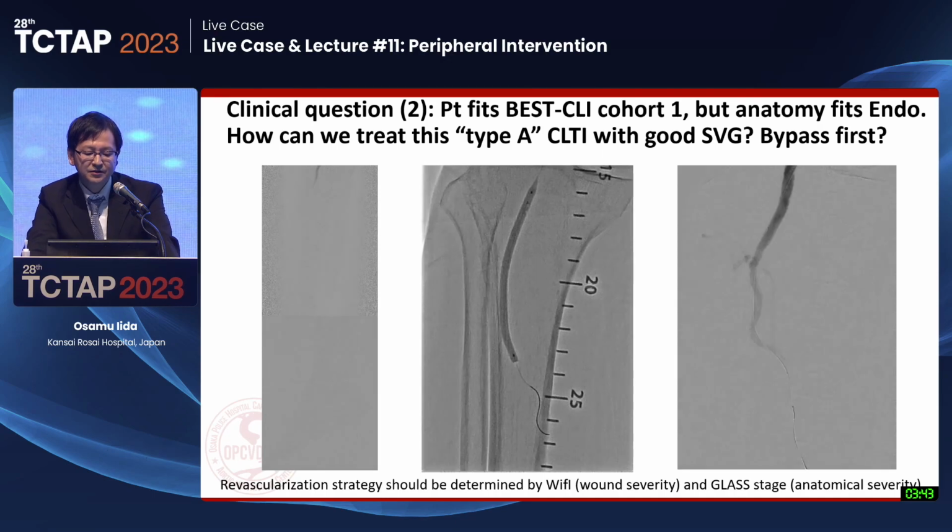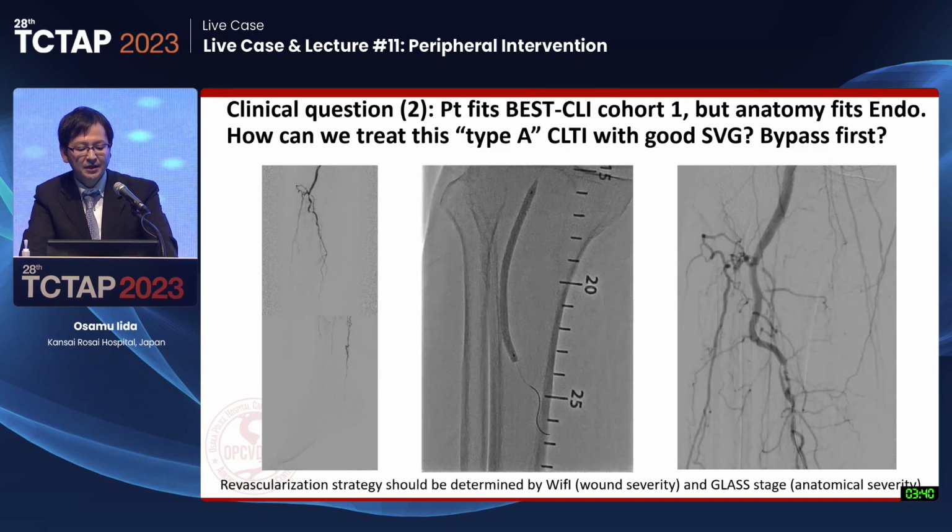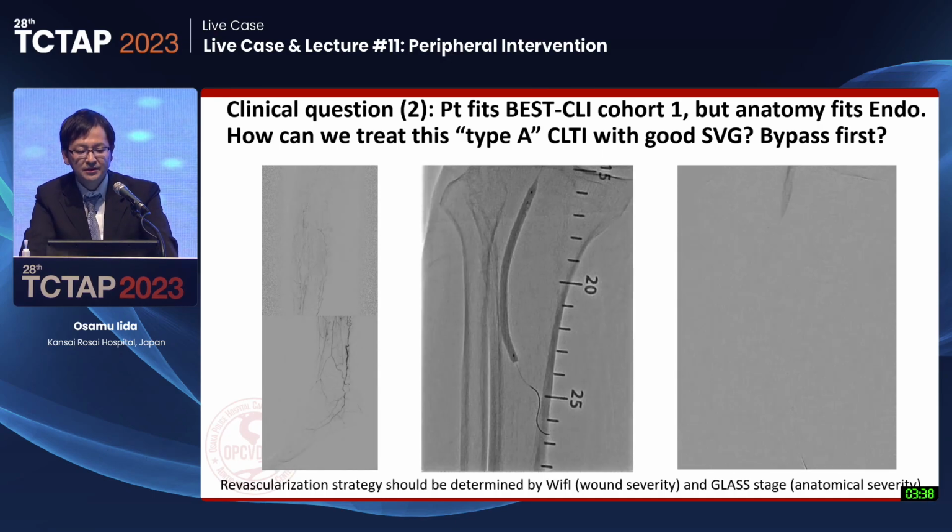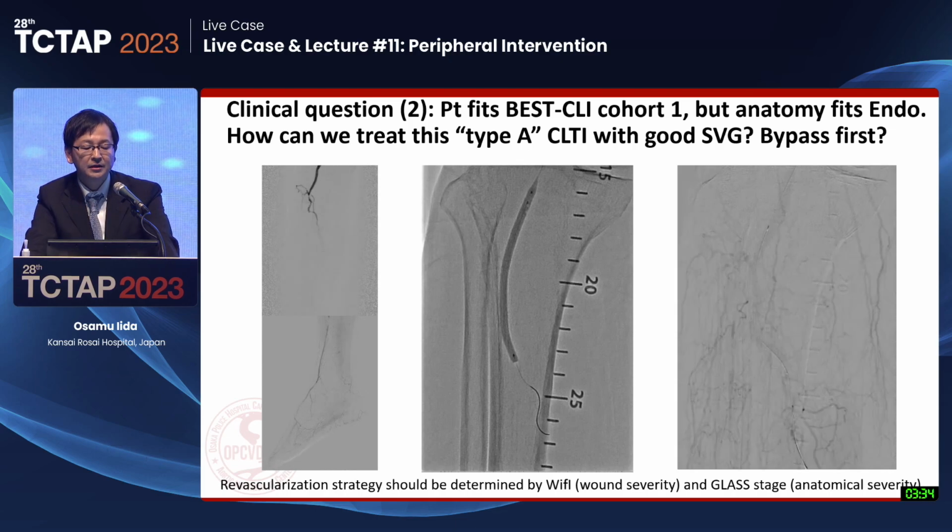So how about this clinical scenario? If the patient has the standard surgical risk, an adequate distal target for bypass therapy, and a good quality saphenous vein graft, should we consider the bypass first strategy for CLTI patients? But I think the anatomy fits endo.